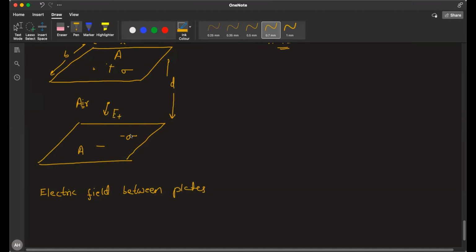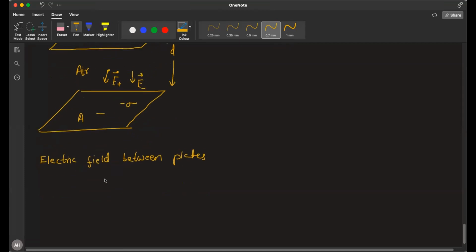What is the direction of field due to this negative charge over this point? Downward. Why? Because for a negative charge, the direction of field is towards the charge. So this is the field due to the positive charge, and this is the field due to the negative charge.